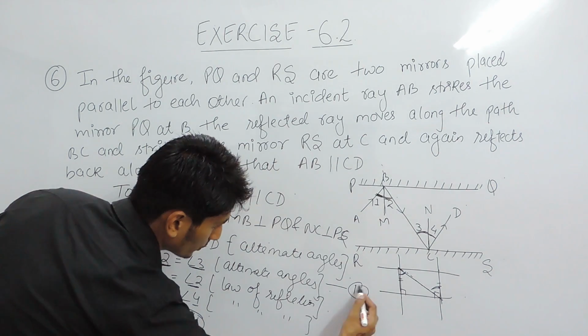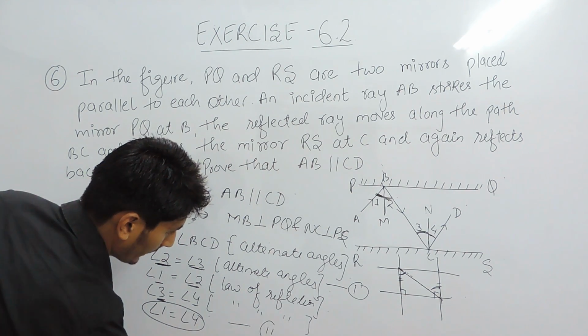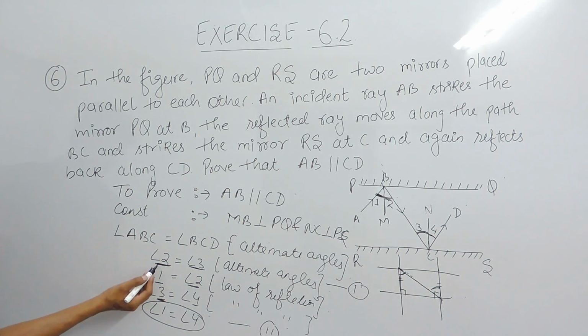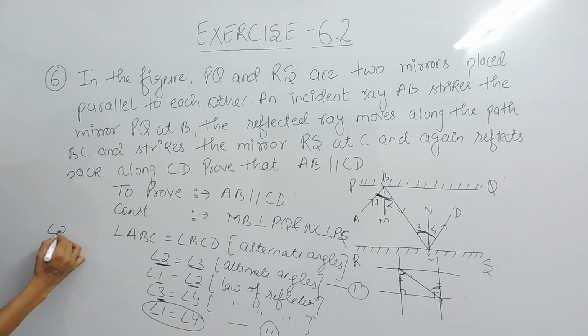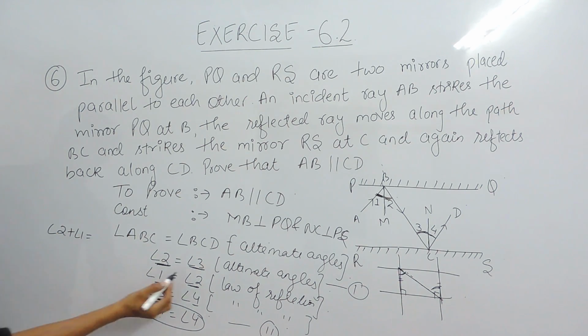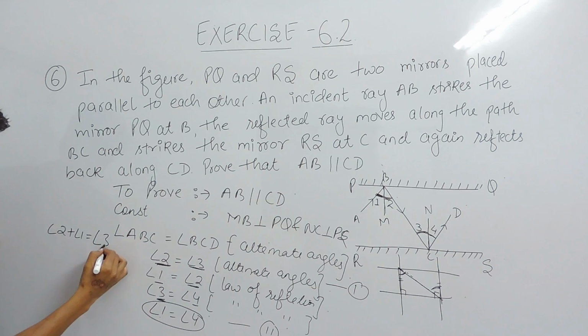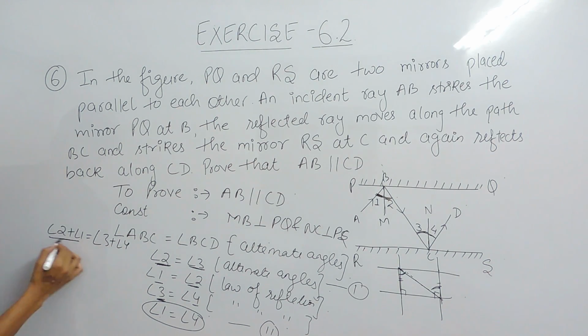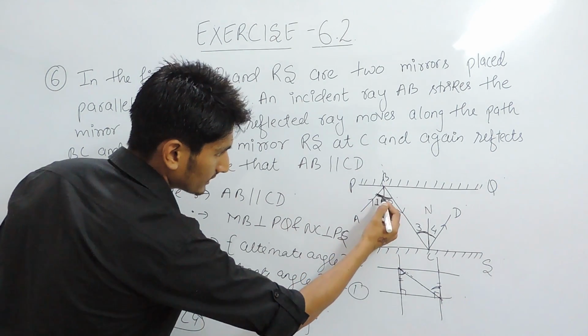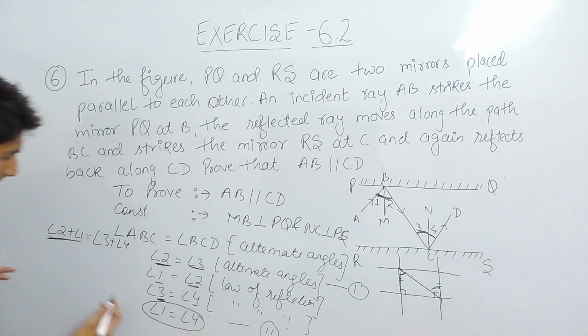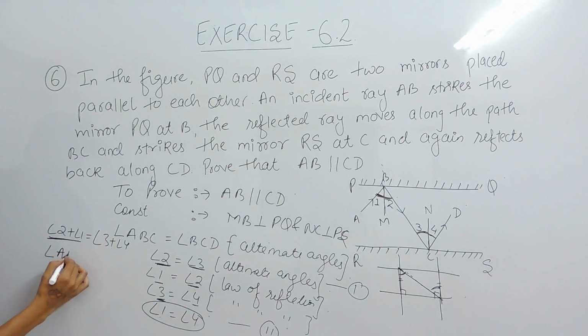Now you can add these equations. So 2 plus 1 must be equal to angle 3 plus angle 4. Angle 2 plus 1 is basically angle ABC, and angle 3 plus 4 is basically angle BCD.